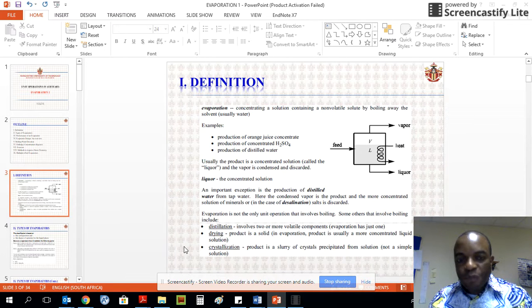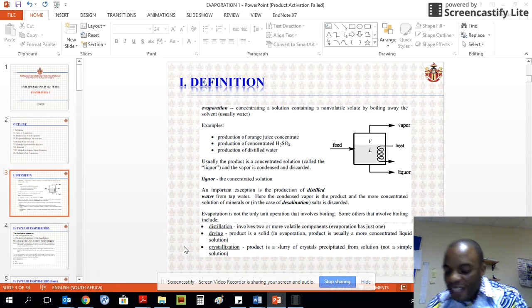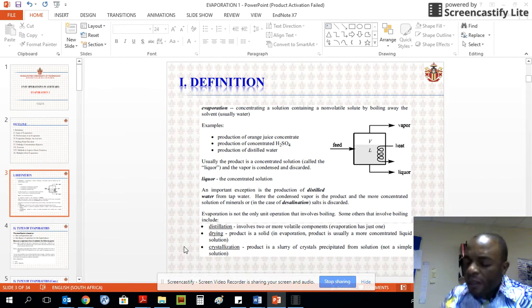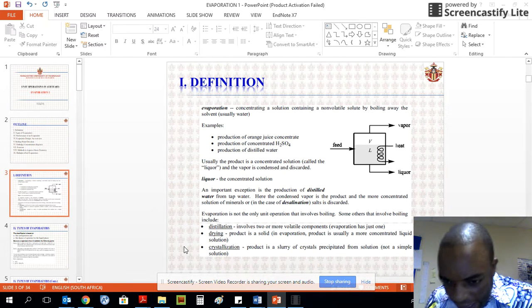Now, the difference is that in distillation, in most cases, both components of the mixture are volatile. There is just a difference in volatility, but both are volatile.